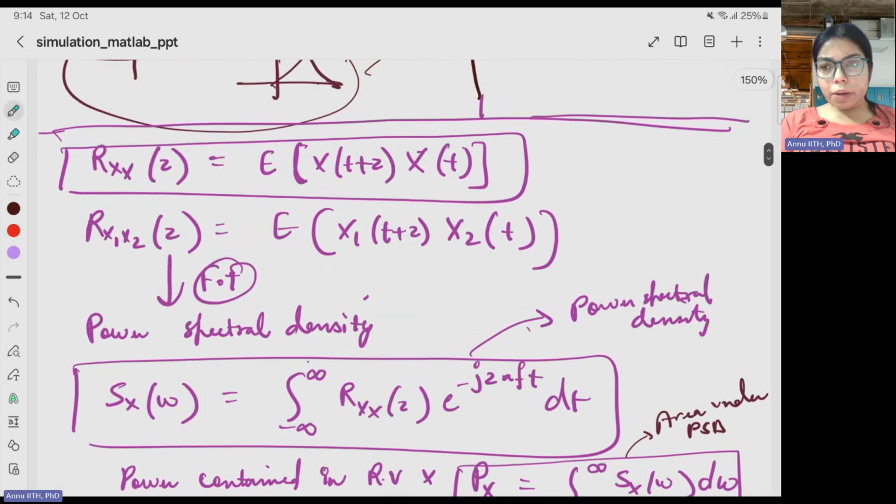Then one question came on autocorrelation, the power calculation of the autocorrelation. Basically, autocorrelation is a way of finding the similarity between two signals, and auto means with itself. So if it is x(t plus tau) and x(t), you multiply and then calculate the average.